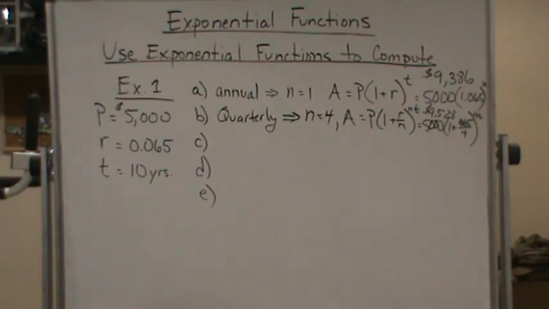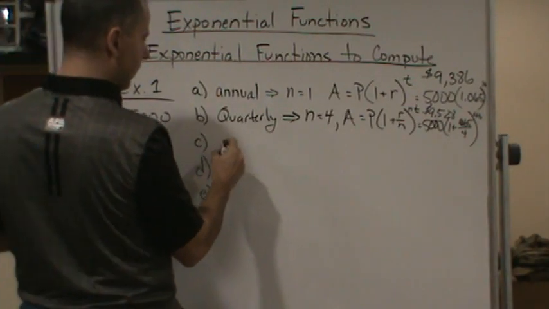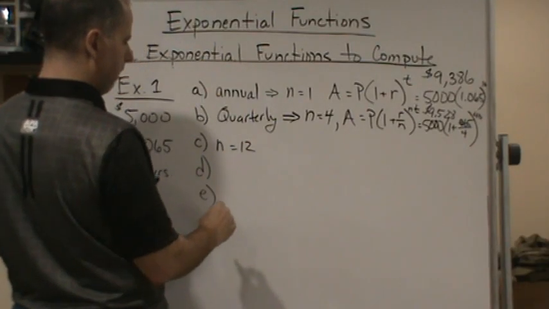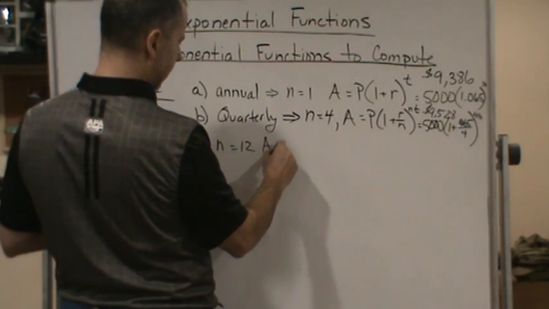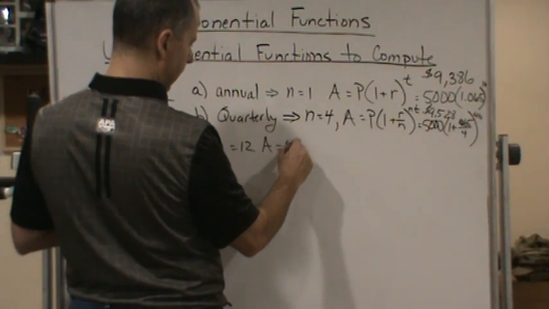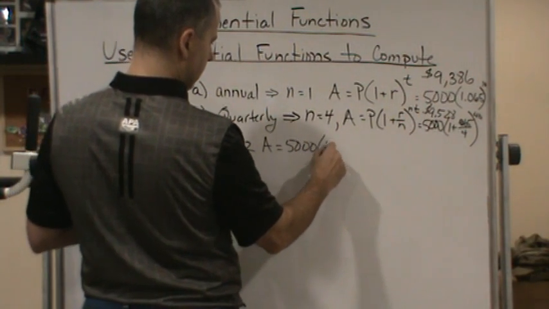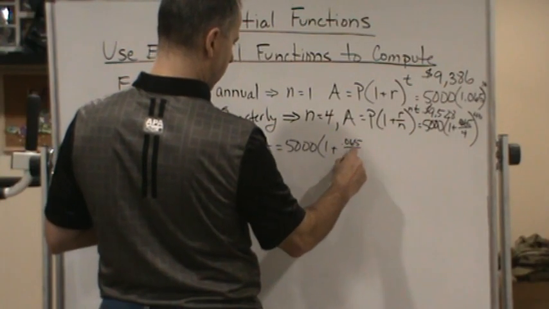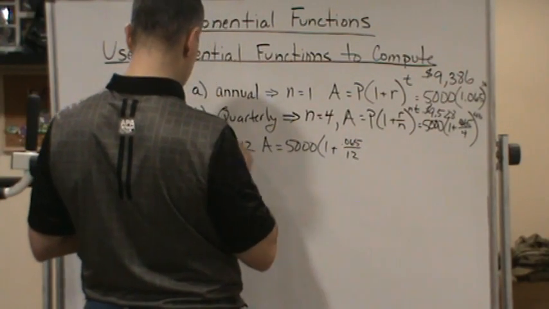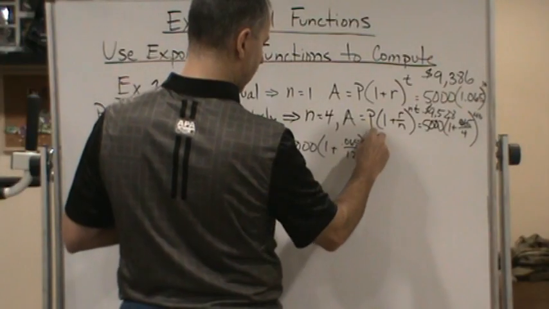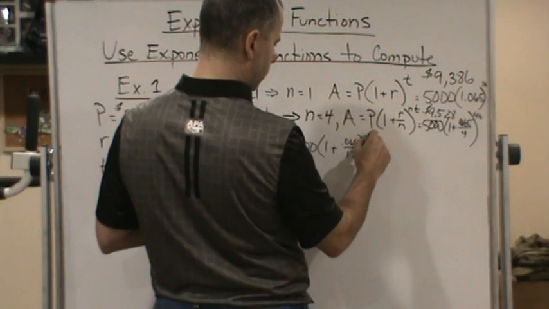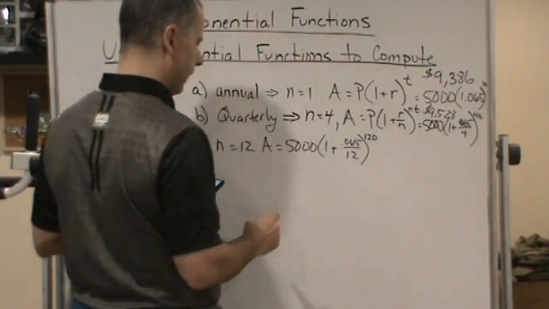Monthly means n is going to be 12. So I'll just put n equal to 12. And so that means A equals 5,000 times 1 plus 0.065 over 12 raised to the, well, now it's going to be 12 times 10, which is 120.